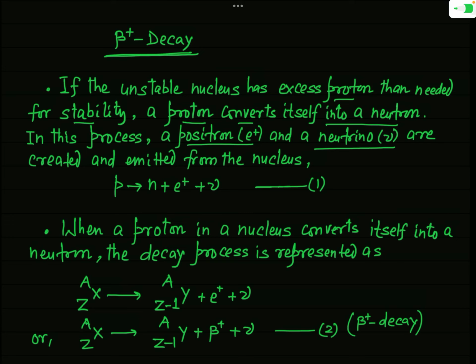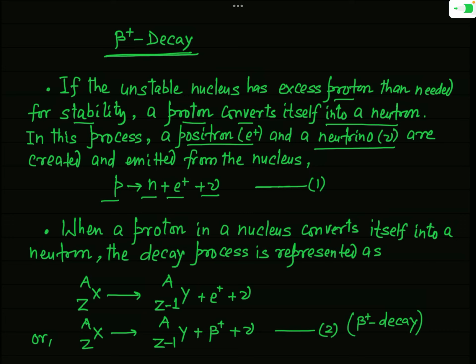If you say the mass of a positron, that will be simply equal to the mass of an electron. Okay, so this beta plus decay process takes place like this. You can see a proton is converted into a neutron, and at the same time two particles are created. This e plus is called the positron and this nu is the neutrino.